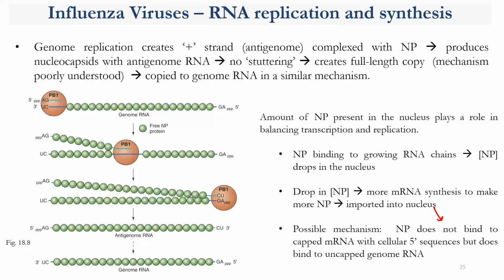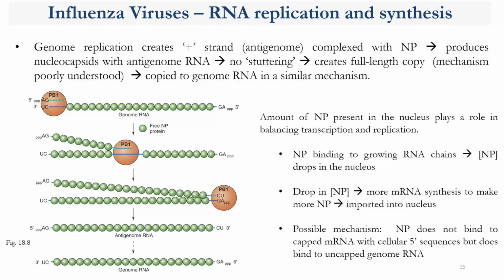So if all the NP started binding to those capped RNAs, what's going to happen? You're going to use up NP, and then you're going to have nothing left for your viral RNA. So the possible mechanism is that it only binds to uncapped genome RNA when you're replicating, okay?